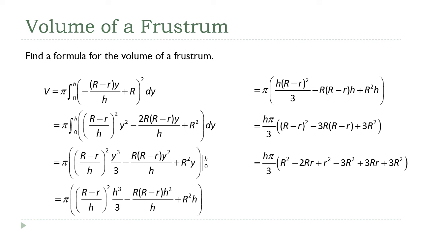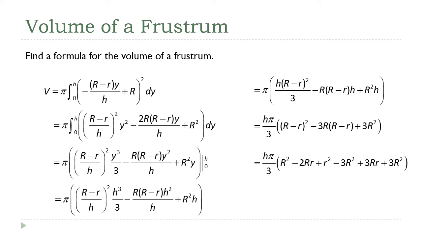The first term becomes capital R squared minus 2 r times r, the two r's, plus r squared. I'm going to distribute the minus 3 capital R into the parentheses. And now is when the really cool stuff happens. I've got a 3r squared minus 3r squared. Those go away. I've got a minus 2 product of the r's plus 3 product of the r's.